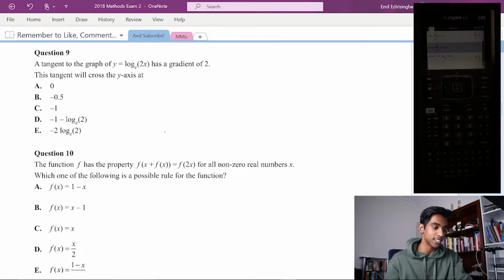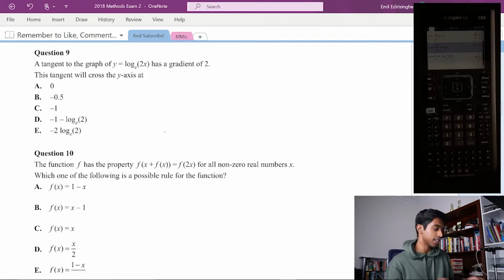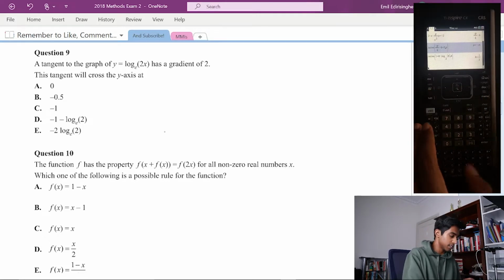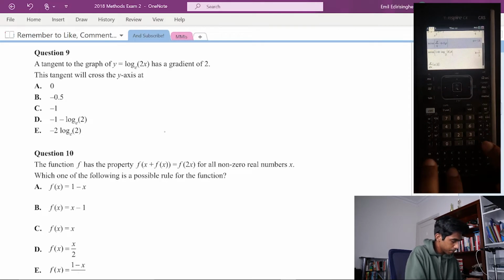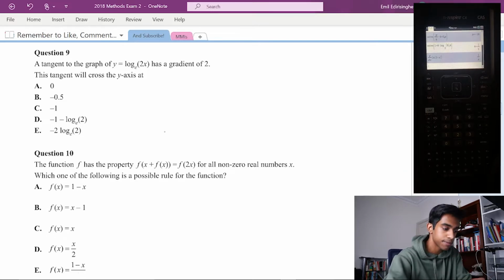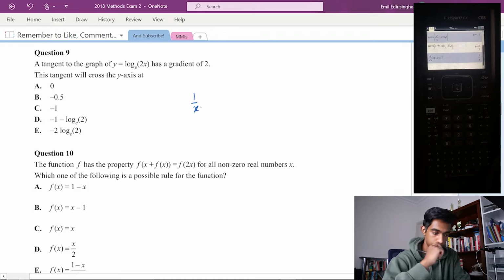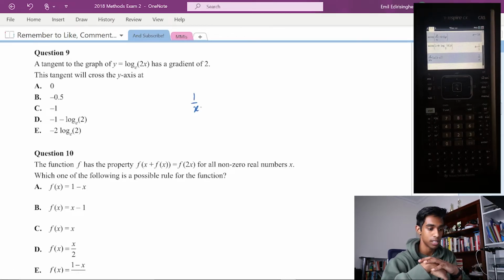So question 9 tells us that a tangent to the graph of y equals log base e of x has a gradient of 2, and then they ask us where the tangent will cross the y-axis. The way I'll go about this is I'll get the derivative of y equals log base e of x. I can probably do this in my head, but it doesn't matter. That gives us 1 on x. And then therefore, with the gradient of 2, we have to find the point on the graph where the gradient is going to be 2.